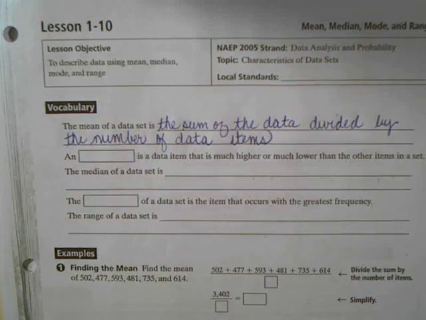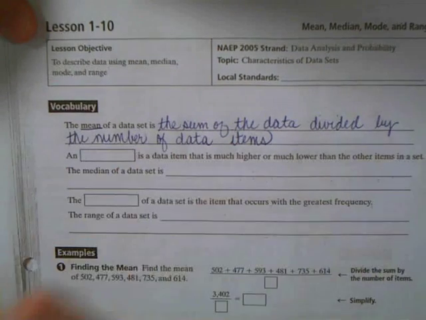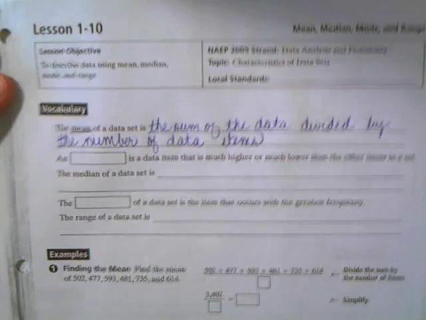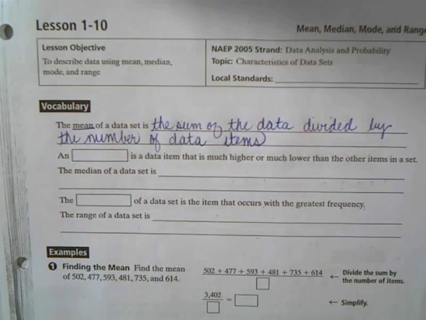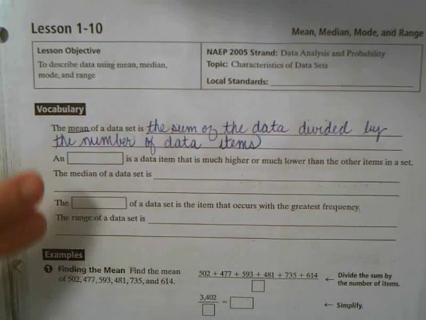So the mean of a set of data is the sum of the data divided by the number of data items. So we would add up our data and divide by however many pieces of data we had there.